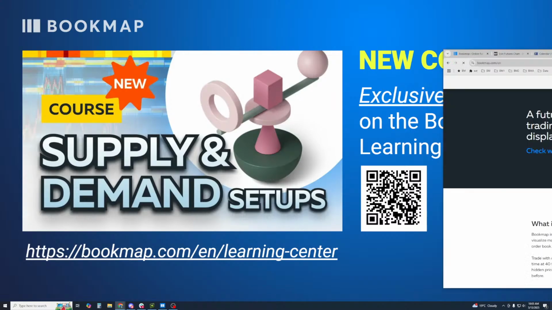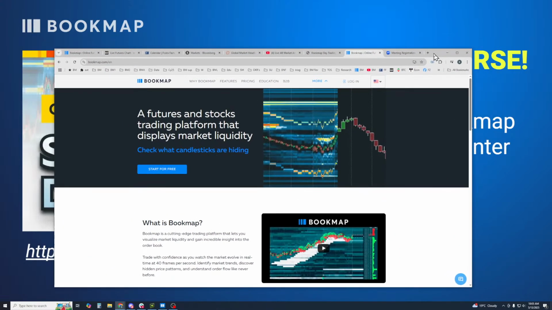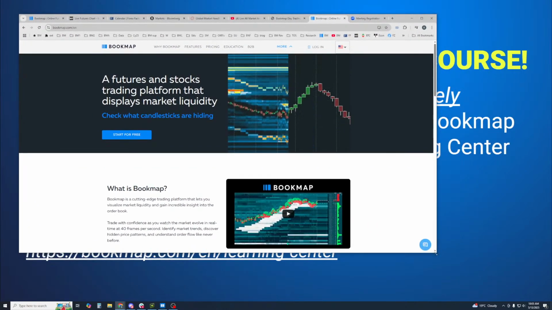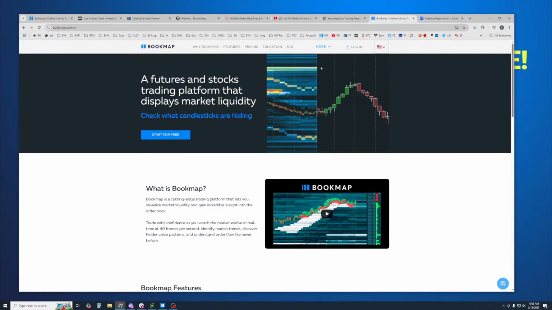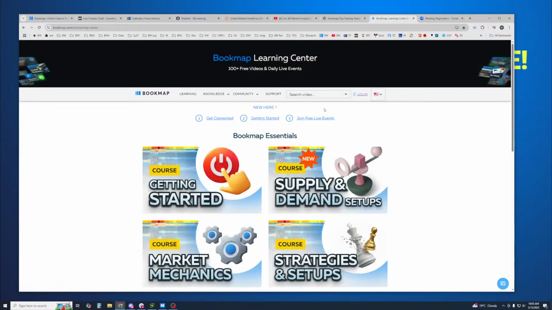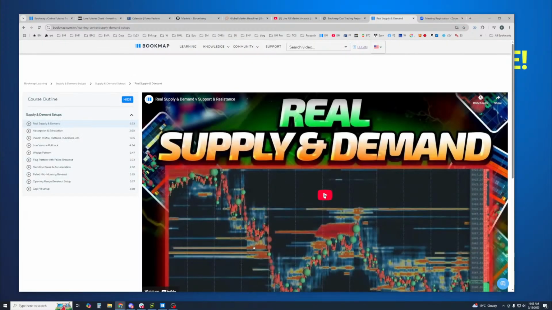So go to bookmap.com, click on education, and watch them. Make the decision yourself. These are very simple setups, and they deal with supply and demand that a lot of platforms cannot show in the auction process.